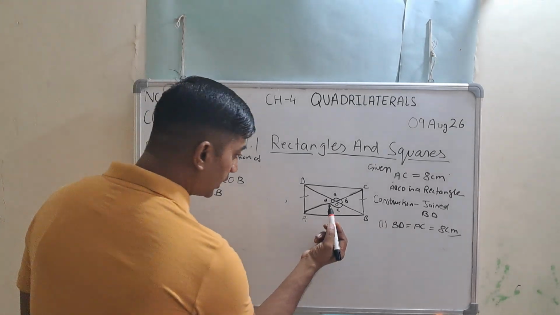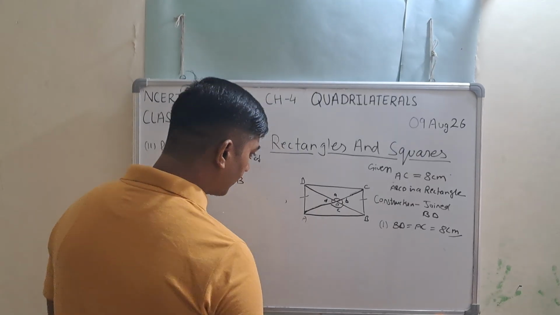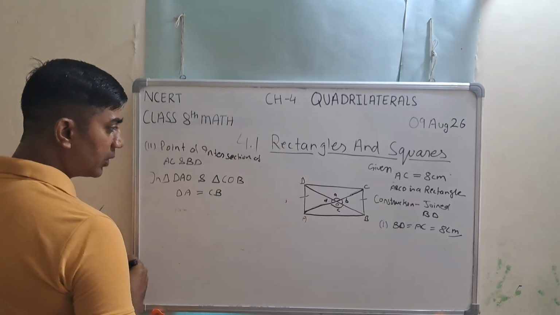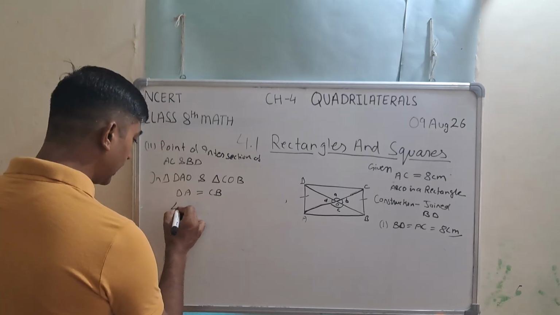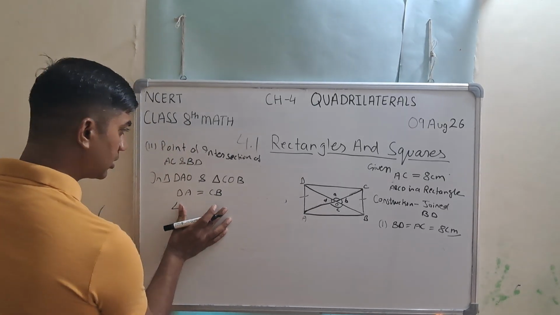Understood? Now we have marked this angle D and this angle B. These are equal. Why? These are vertically opposite angles.